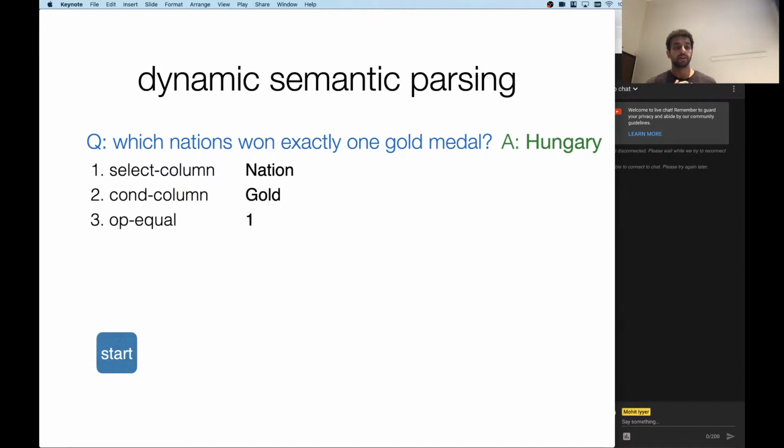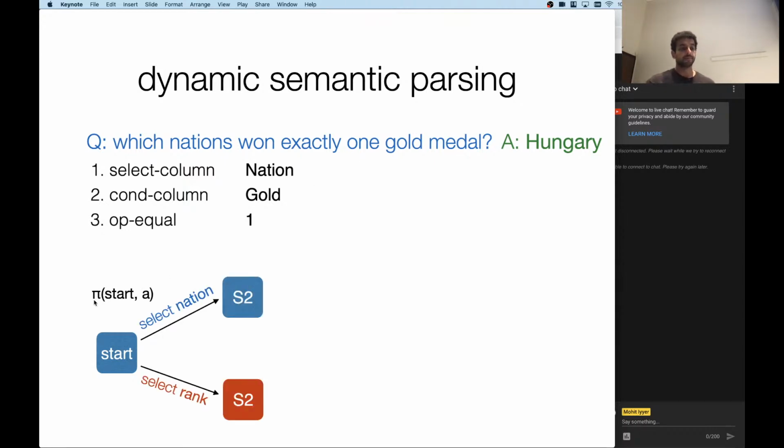So let's look at how we decompose this into a sequence of actions that need to be predicted. The first thing we do is we start with a start state. So here our current state is start, and we have access only to the question and the table. And now we have some function, which we call pi here, that takes a representation of the current state, which is currently just start, and also takes a possible action that you could produce given this state.